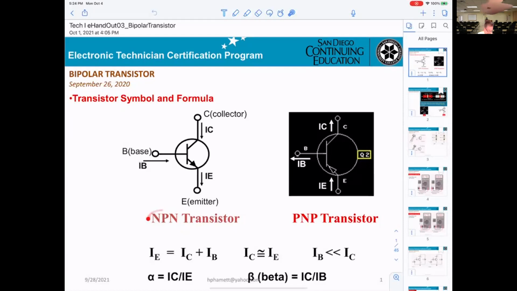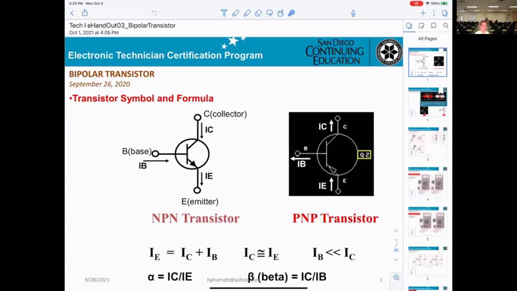One we call NPN, and another one we call PNP transistor. So when you look at the schematic, you are able to recognize whether it is an NPN or PNP transistor.